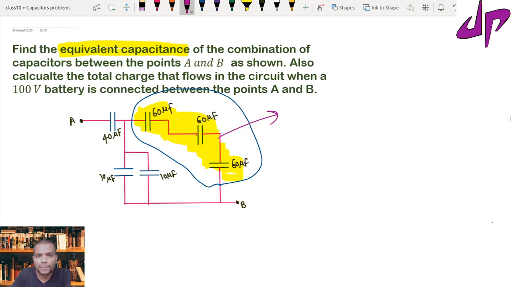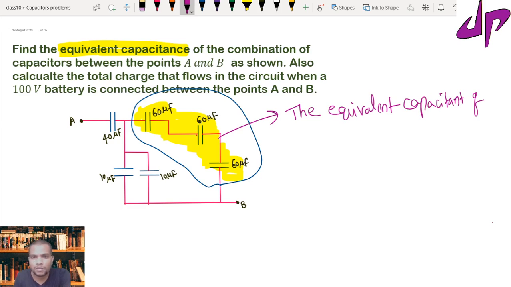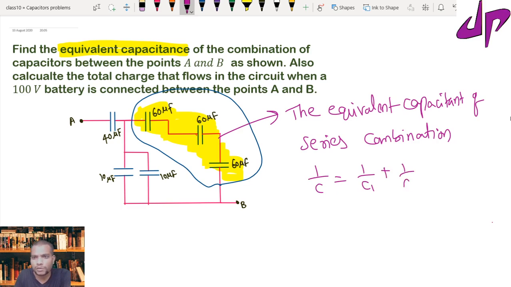The equivalent capacitance of the series combination: 1 over C equals 1 over C1 plus 1 over C2 plus 1 over C3.